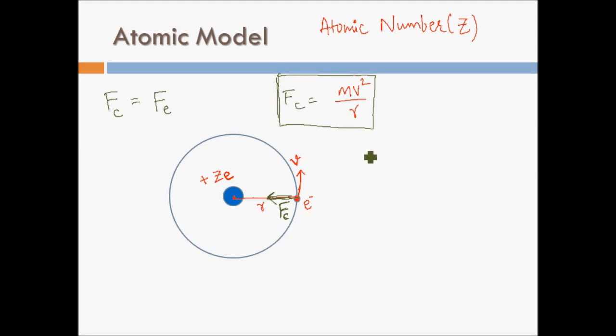What is the electrostatic force of attraction between two oppositely charged particles? If these are q1 and q2, there is an electrostatic force whose magnitude is given by k q1 q2 divided by d square, where d is the distance between the centers of these two charged particles.